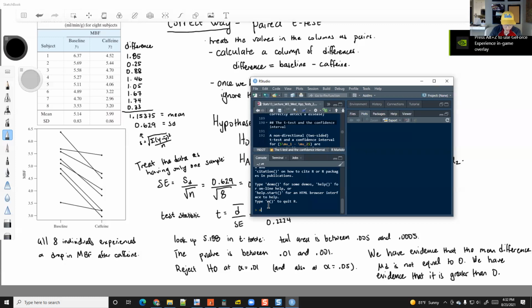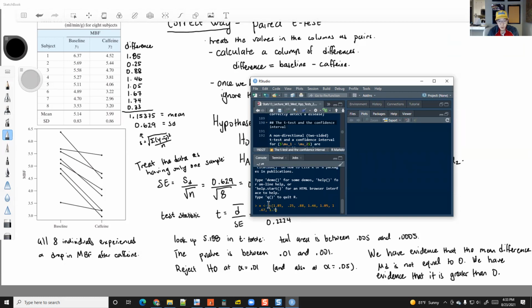You can create a vector and type in these numbers: 1.85, 0.25, 0.88, 1.6, 1.05, 1.67, 1.74, and 0.33. Then you can ask for the standard deviation of X, and we got this number, 0.629.